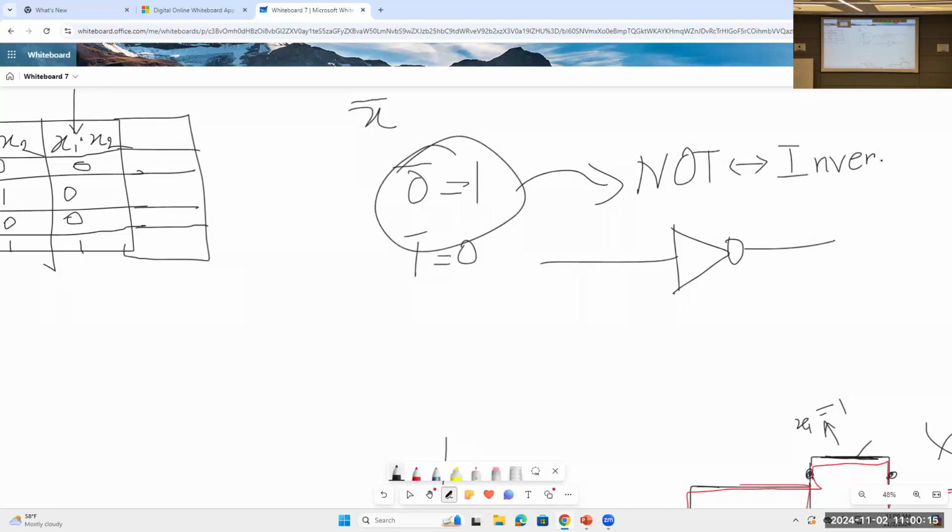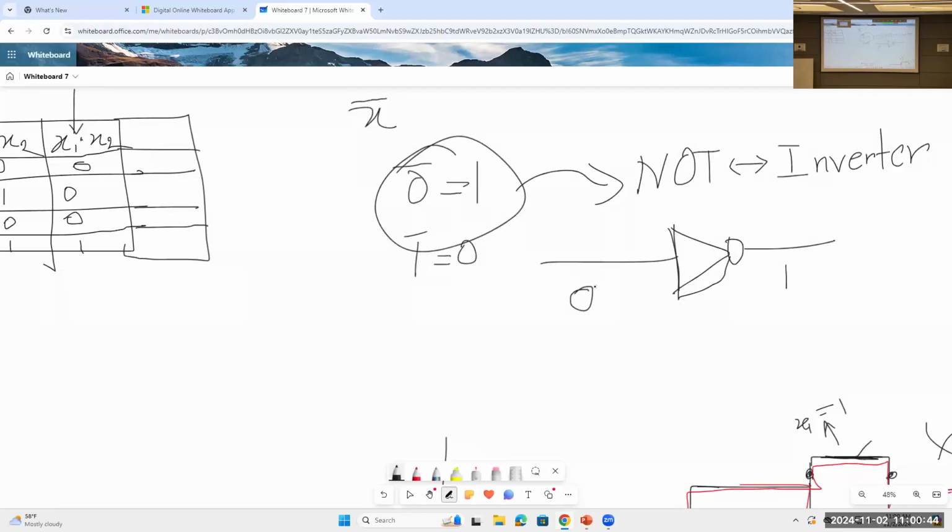It is also called an inverter. I think in the previous class you learned the structure of an inverter. What is inversion? It is to make the opposite, right? So what is the task of this gate? If you input 0 here, it will invert it to the complement, the opposite value 1.